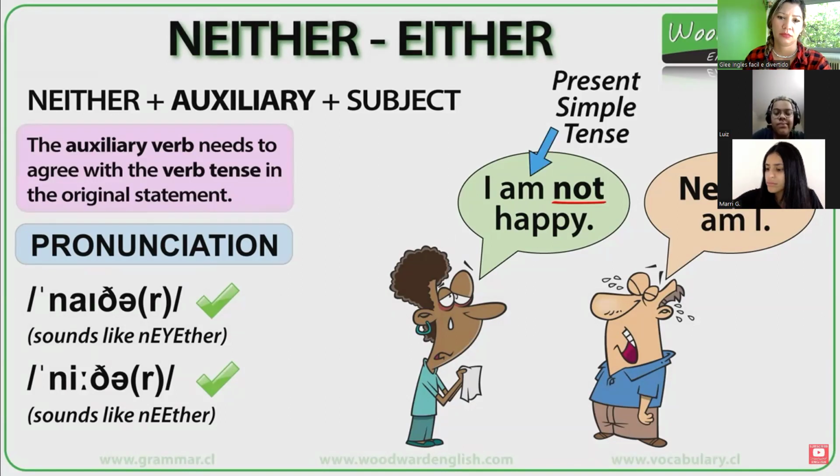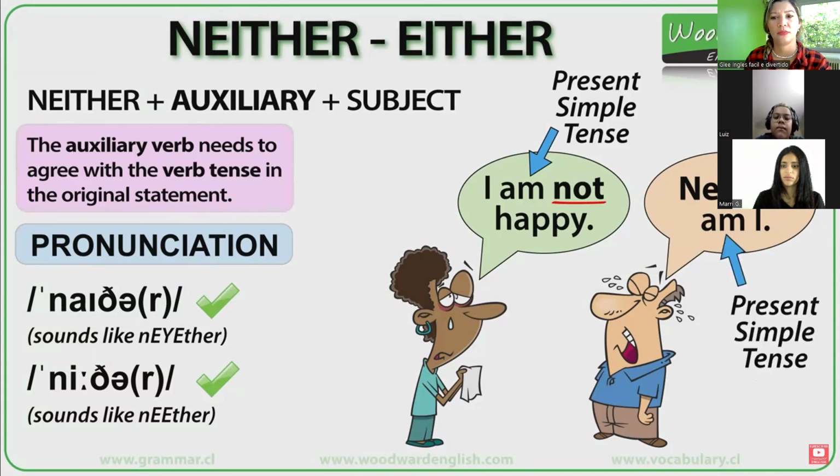In the first sentence, I am not happy, the verb is am, which is a form of to be in the present simple tense. If the verb is in the present simple tense in the first sentence, then the response is in the same tense.